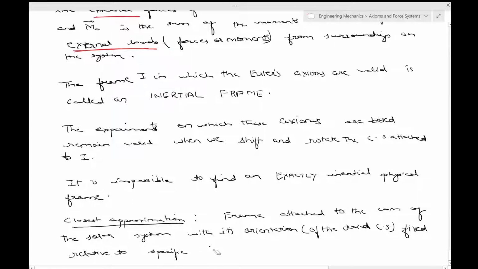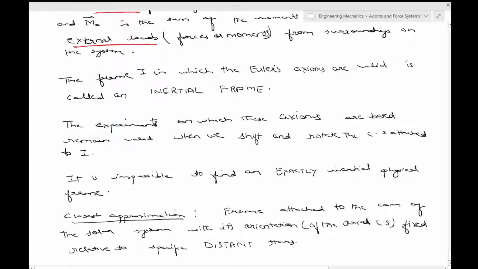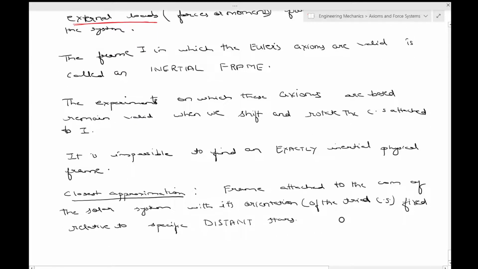Orientation means the orientation of the triad, the coordinate system. Let me put emphasis on distant, just to tell you that they are too far. And what is the idea of these distant stars? That they are fixed.